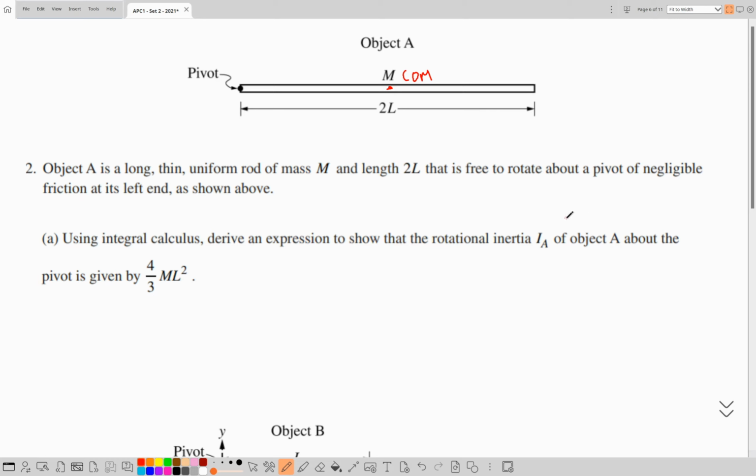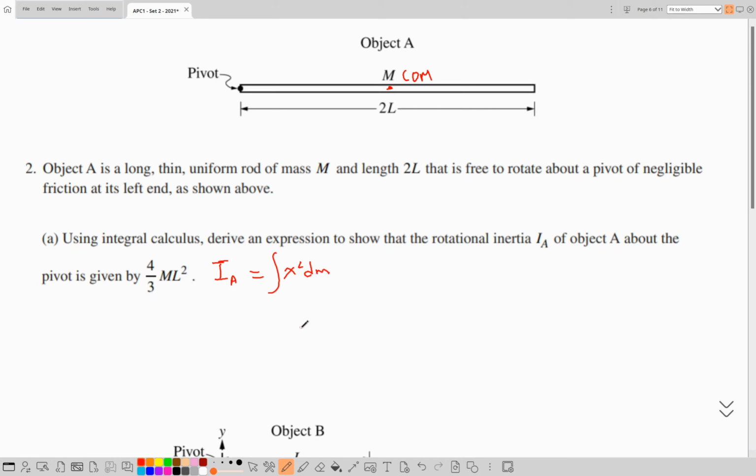In part A, they're telling us, using integral calculus, derive an expression to show that the rotational inertia I_A of object A about the pivot is given by 4/3 mL². In order to calculate the inertia I_A, you should remember the formula, which is the integral of x² dm. Remember that this is a bounded integral.